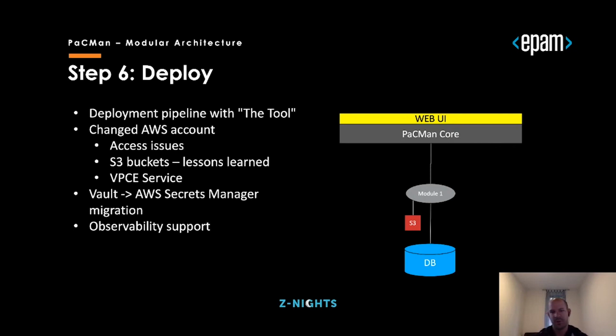Csaba will tell you more in the lessons learned section. We added some VPC service functionality, and during this change, we migrated all of our secrets from Vault to AWS Secrets Manager, and we added more observability support because of the new distributed architecture.